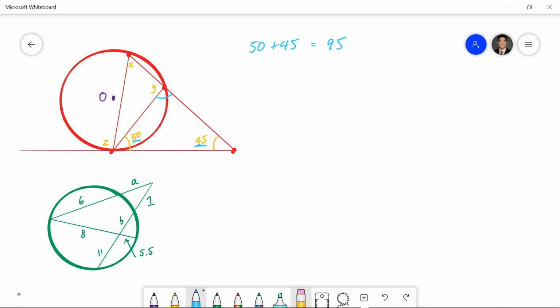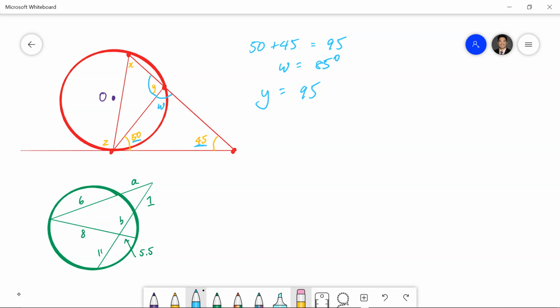Therefore, if we call this W, W is going to equal 85 degrees. Obviously, the angle Y is the addition of these two put together. So therefore Y should equal 95. We think about exterior angles to a triangle.